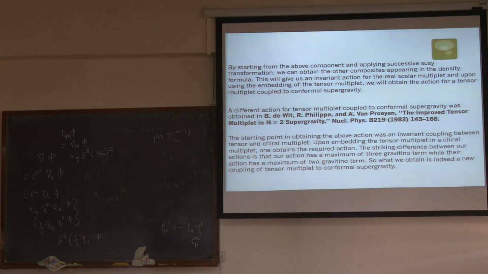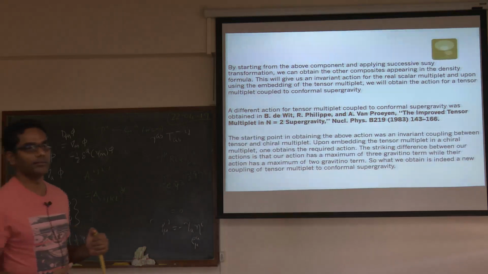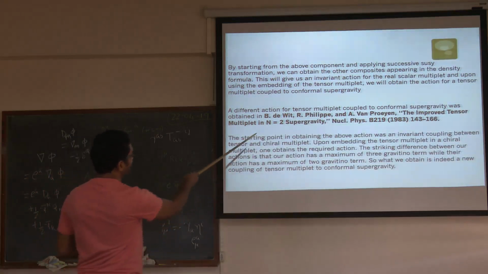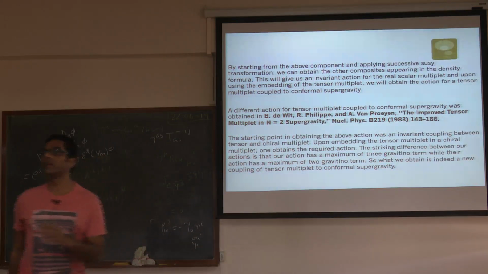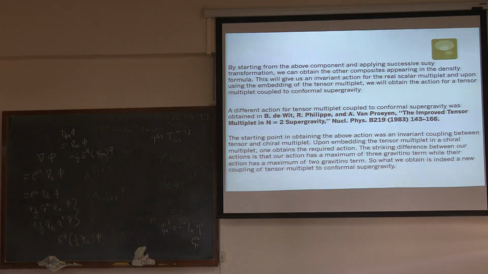And this is going to be a different action from that, because the action that they obtained was based on a different density formula. There is an invariant action that you can write down which comes from coupling a chiral multiplet, a vector multiplet and a tensor multiplet. That is the density formula that they use.